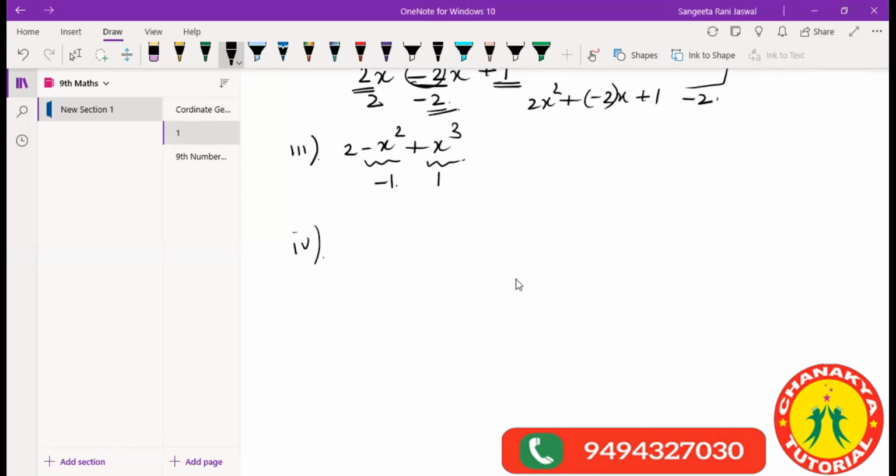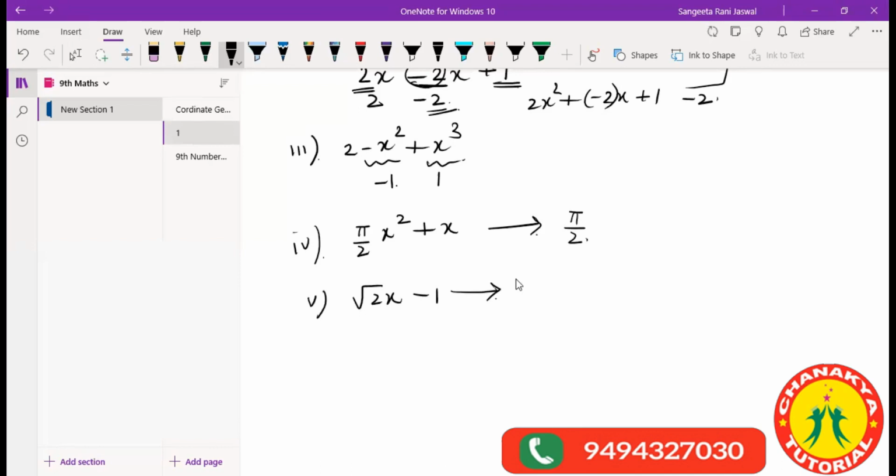Now suppose we have the next one, pi by 2 x square plus x. What is the coefficient of x square in this case? Ma'am, pi by 2. Okay. Yukta, you tell me, what is the coefficient of x square here?